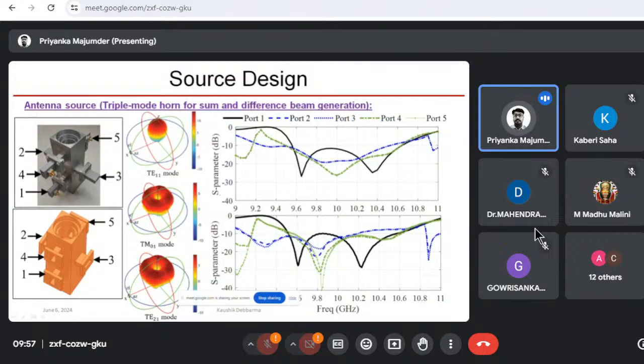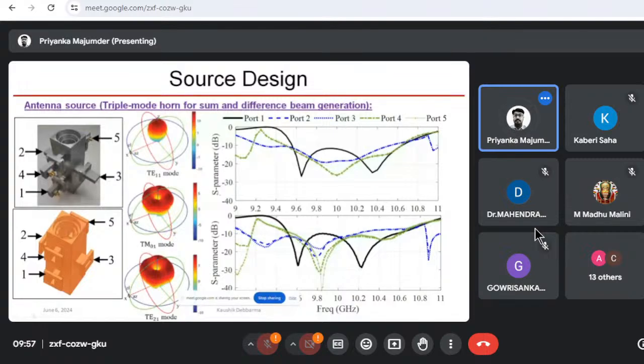So now let me discuss what is sum and what is difference. By sum, we mean a pattern similar to the TE11 mode, the first top mode, where we have our energy. Let me also tell you, red means more energy, and as we go down towards the blue, the energy gets reduced.